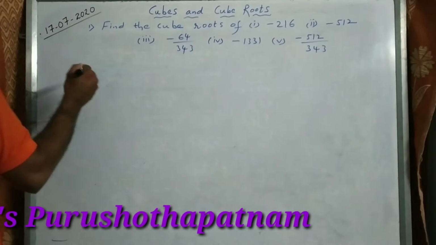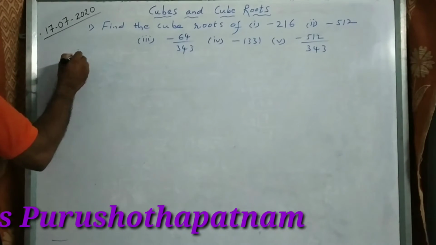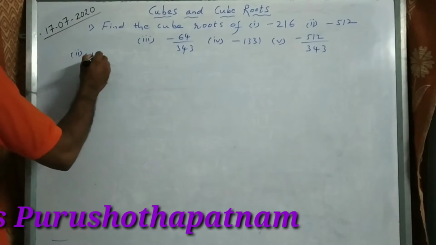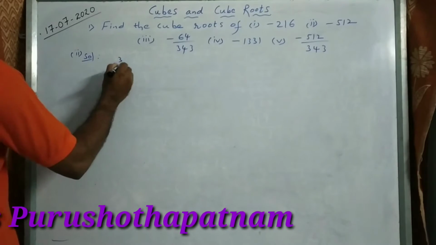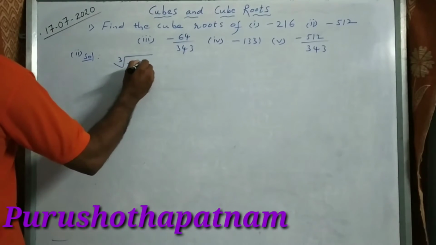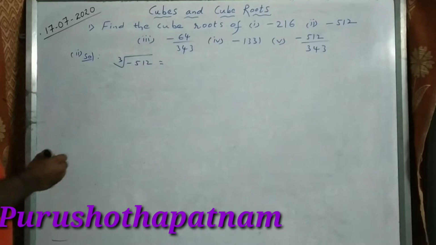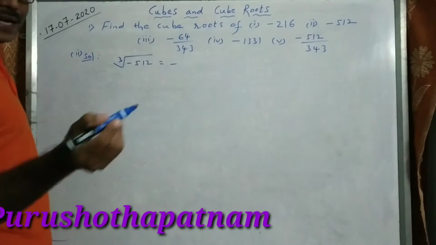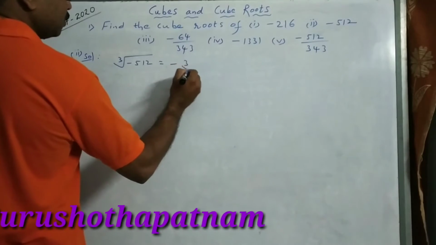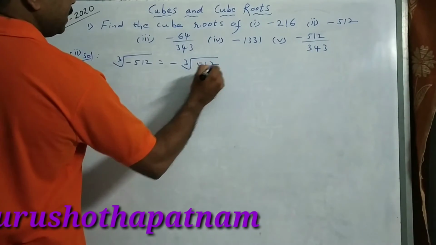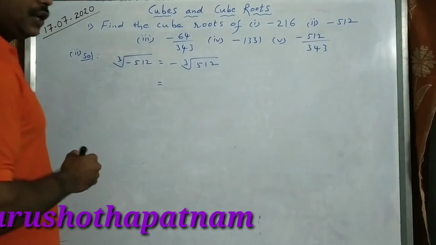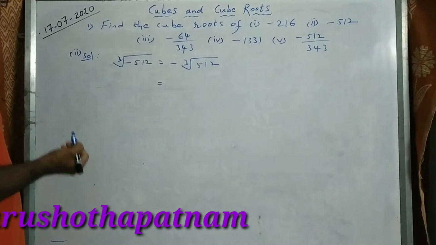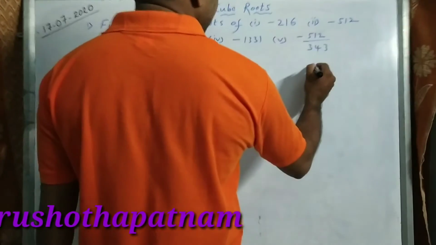Second solution, cube root of minus 512. The minus can be brought outside, so cube root of 512. The cube root of a negative integer is always negative, as I told you earlier.